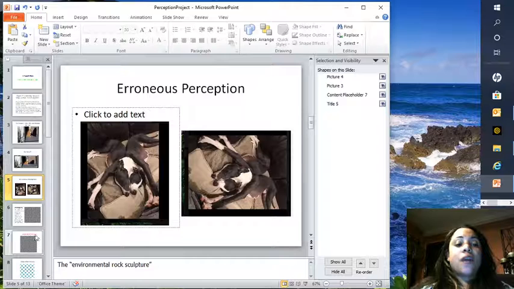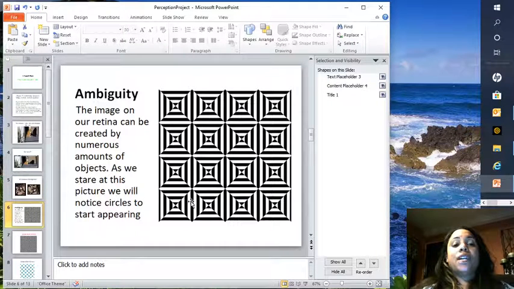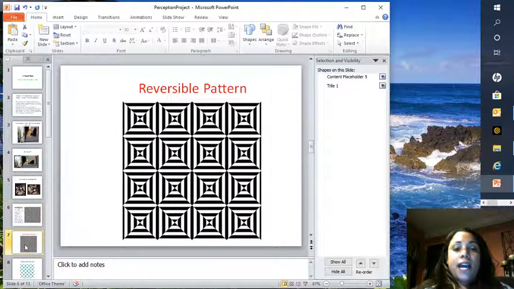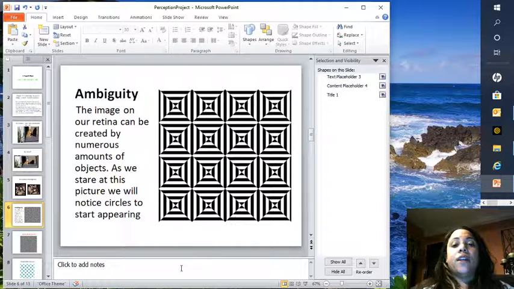The next thing that I wanted to discuss was ambiguity, which is the image on the retina that can be creating different amounts of objects. As we stare at this pattern, which is actually a reversible pattern, we can see at first that it is simply horizontal and vertical black and white lines.